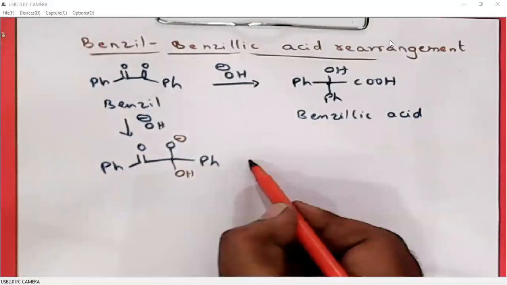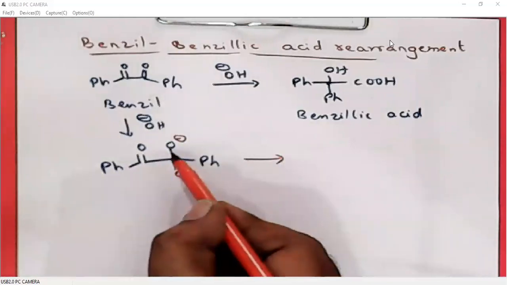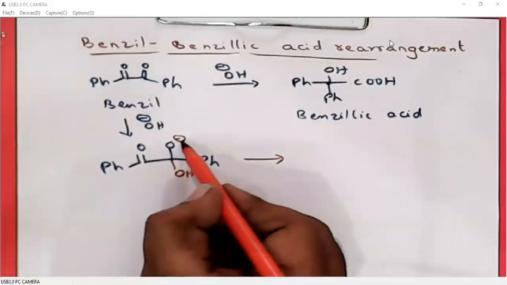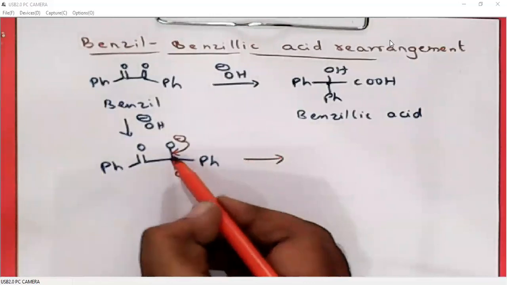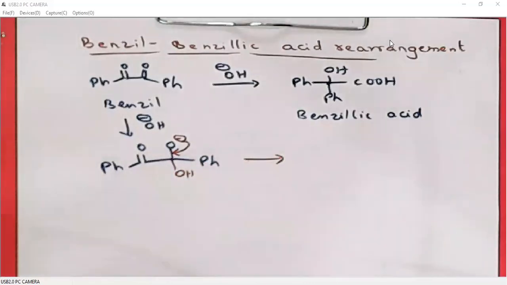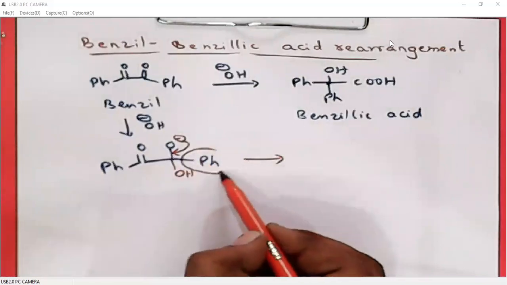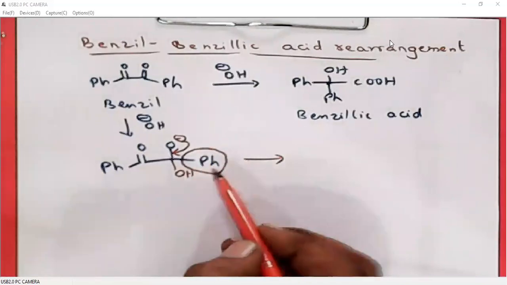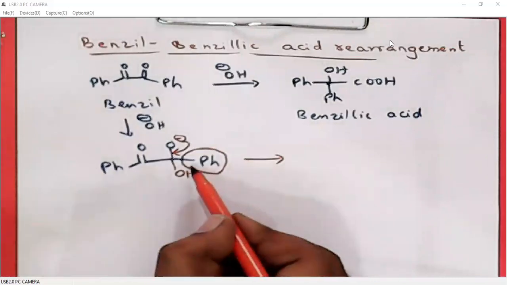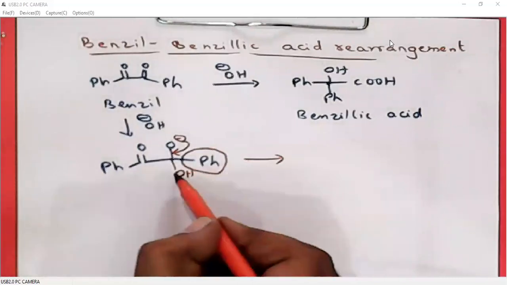Then this oxygen negative charge may again polarize back to generate the carbon oxygen double bond. In that case, we need to break one of these bonds. Of course, it is the alkyl group, not the OH group.